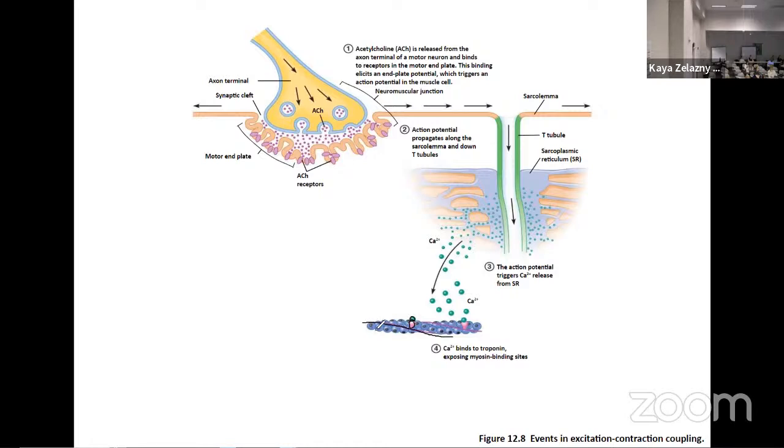Otherwise, it sits over those myosin binding sites on the actin. And if it's covering those myosin binding sites, myosin can't bind to actin, which means it can't grab on, can't use its power stroke to pull that actin towards the center of the sarcomere, center of the cell. And then we can't contract our muscle. So we need this calcium in order to do our cross-bridge cycle at all.